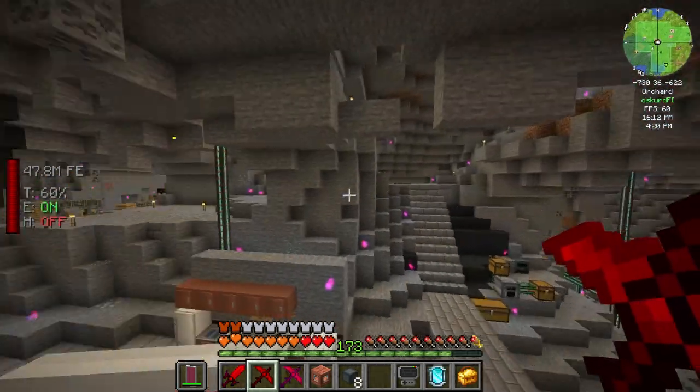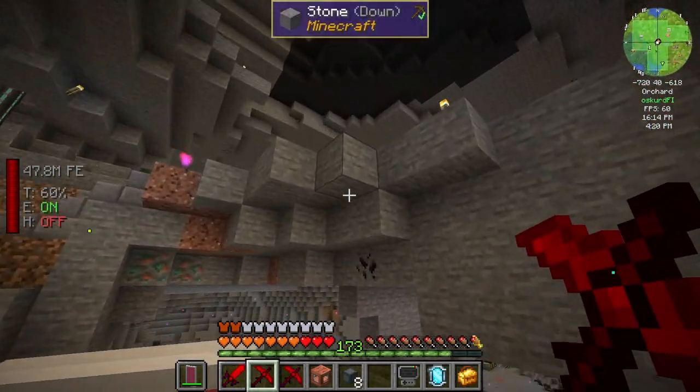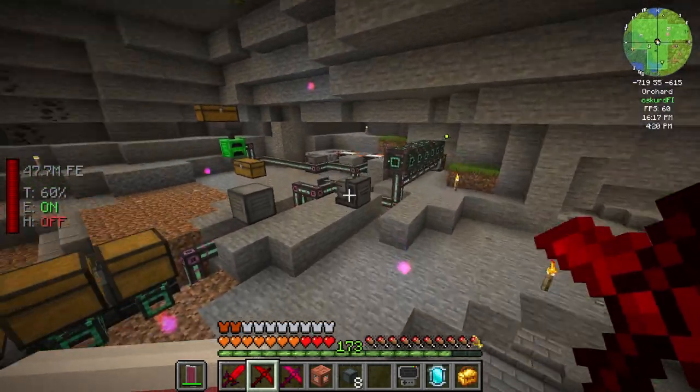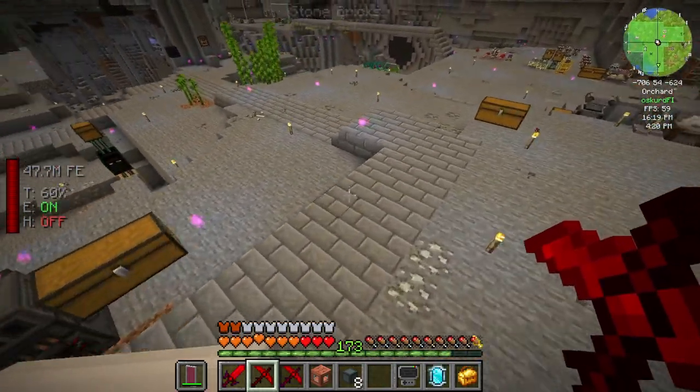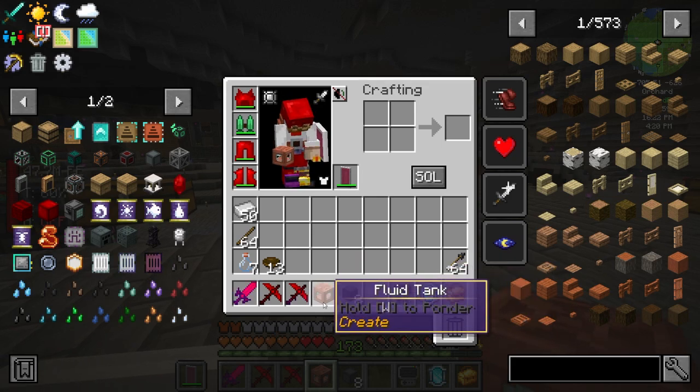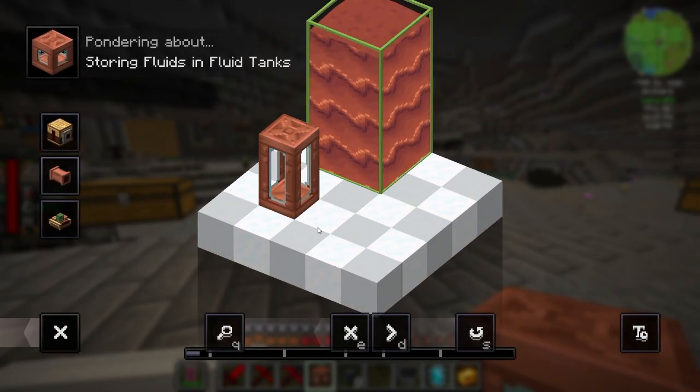Okay, that's awesome to know, because with Mekanism fluid pipes we couldn't connect into fluid tanks, and apparently this fluid tank will also get like empty. Oh, this one works. Okay, cool.